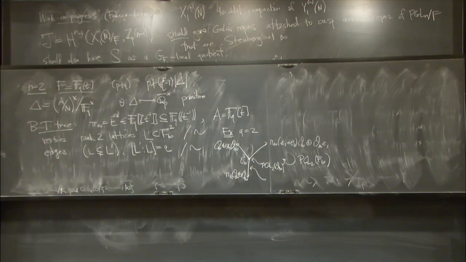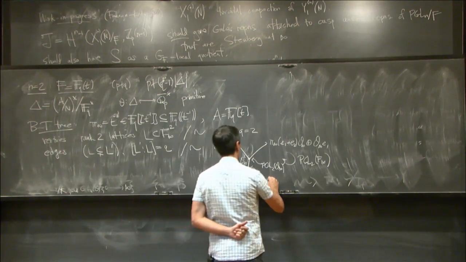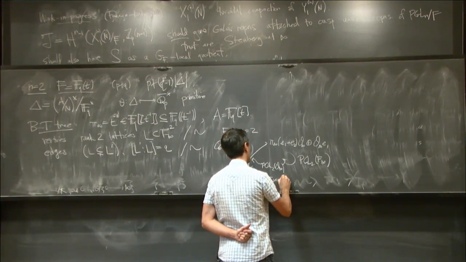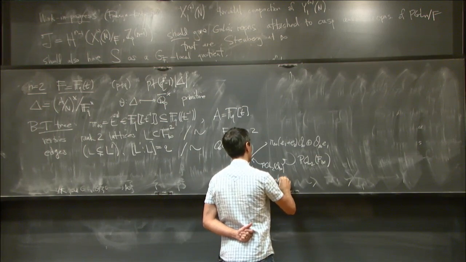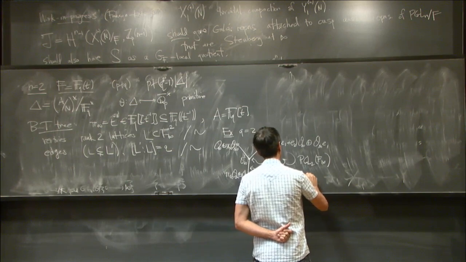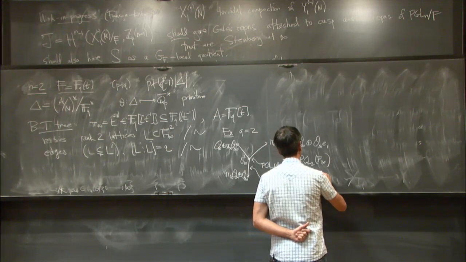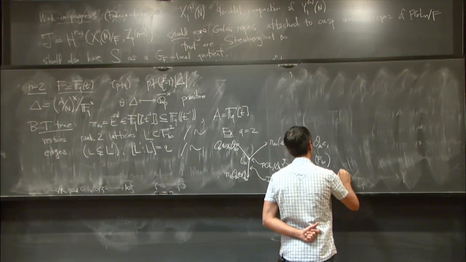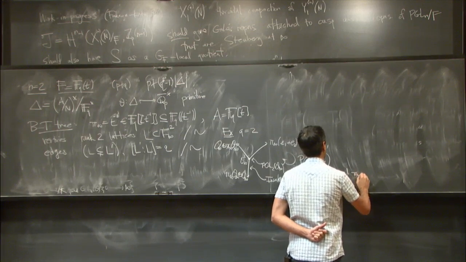This edge is the Iwahori subgroup of matrices which are upper triangular mod pi infinity.